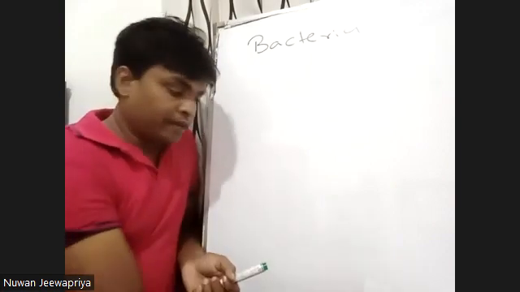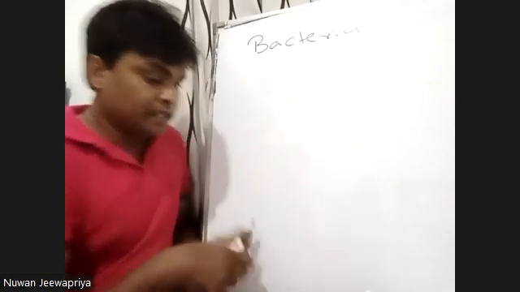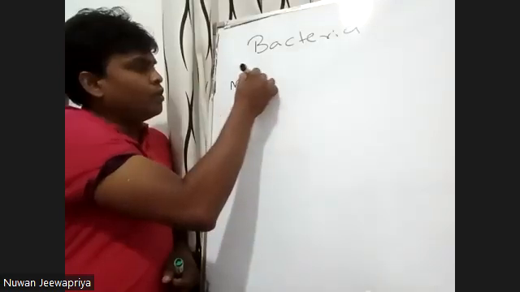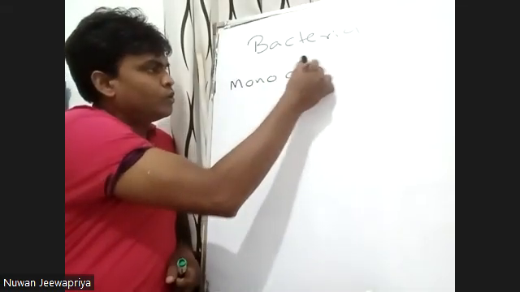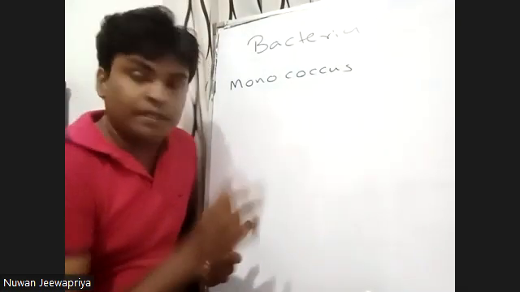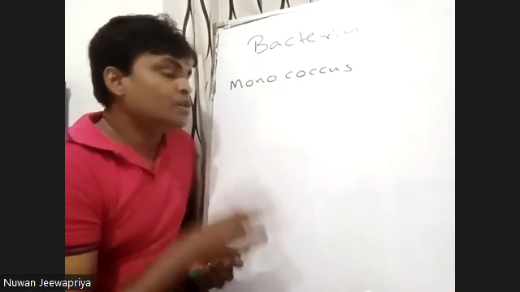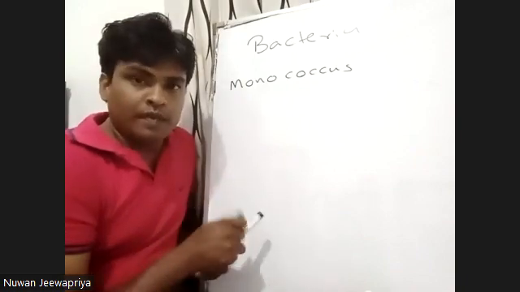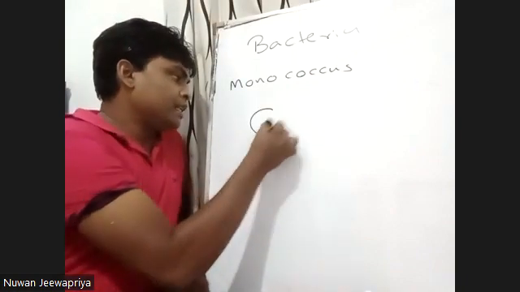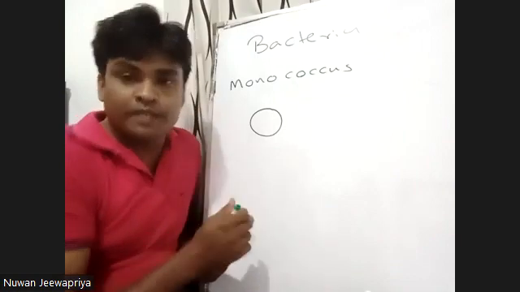Right. Now, for example, one type of cellular arrangement is monococcus, or we call cocci. So in this monococcus cellular arrangement, what will happen? The bacteria has only one plane of cell division.